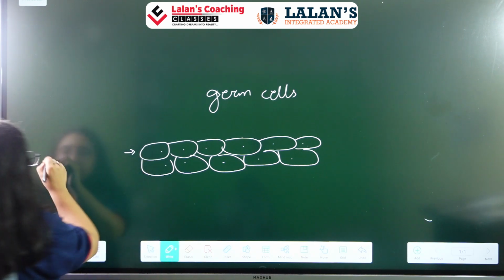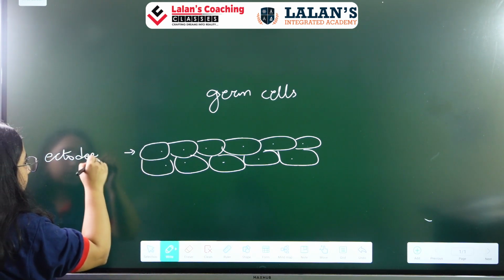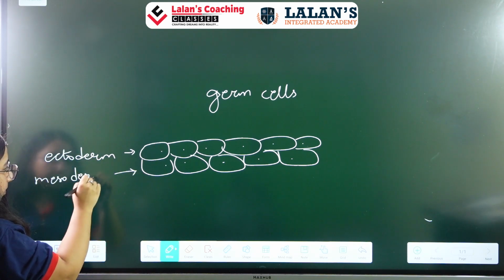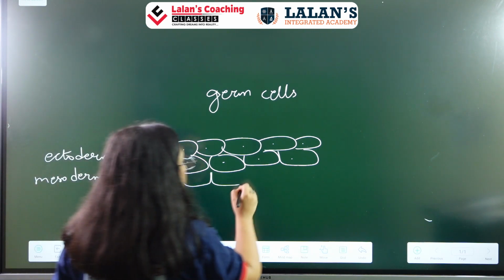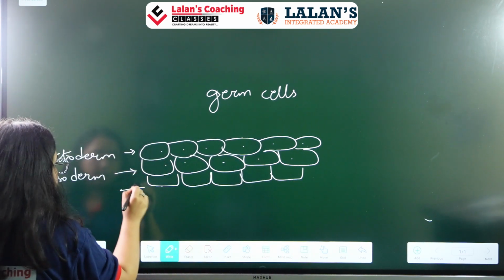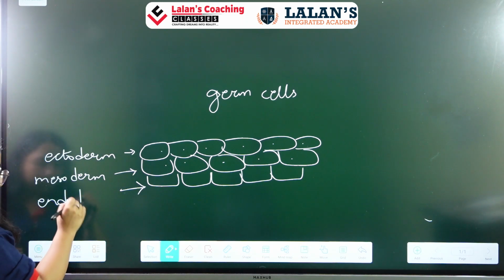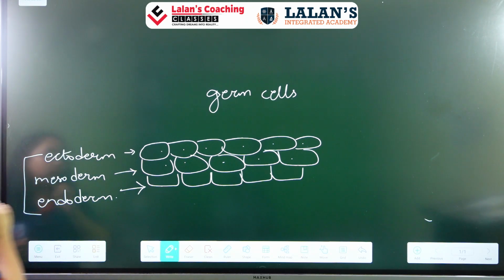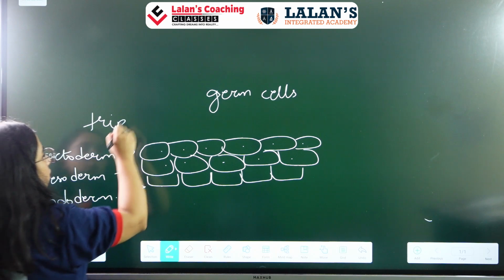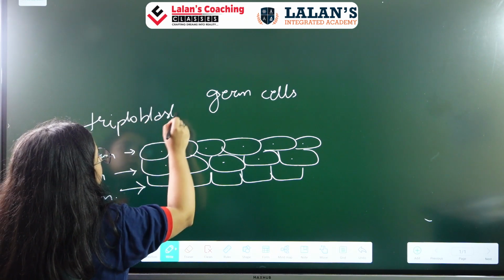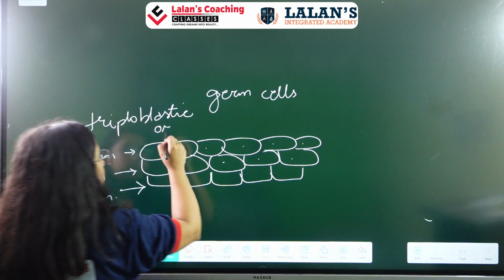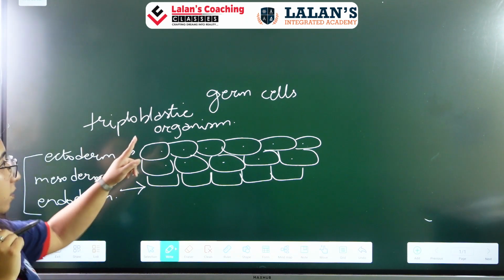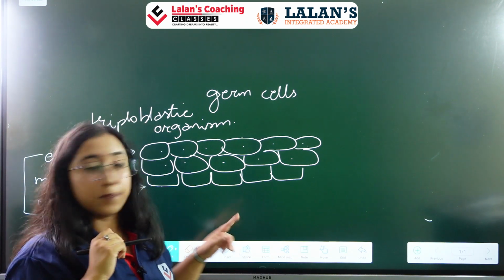So this will be the ectoderm layer, this will be the mesoderm layer, and the innermost layer of cells or tissue can be called the endoderm tissue. Organisms that are made out of these 3 germ layers are called triploblastic organisms. So this is also one of the criteria to see where to place a new organism, pertaining to what kind of germ cells it is made from.